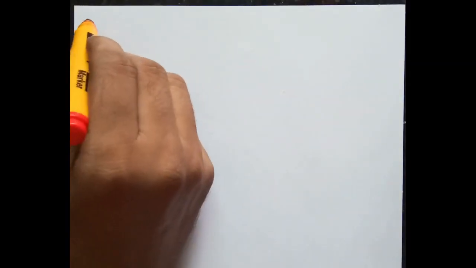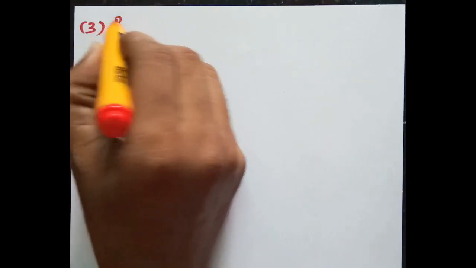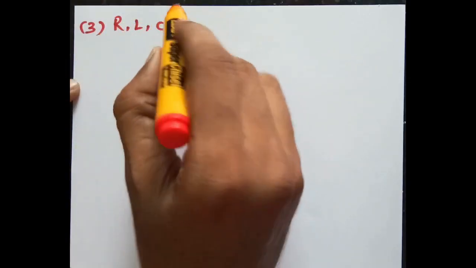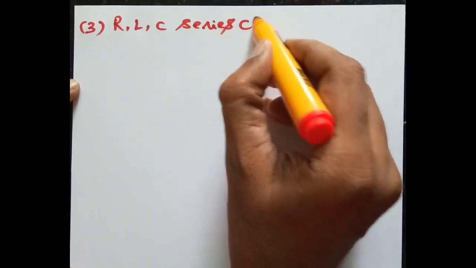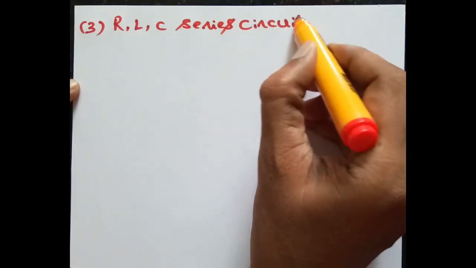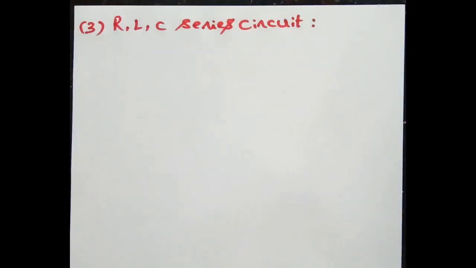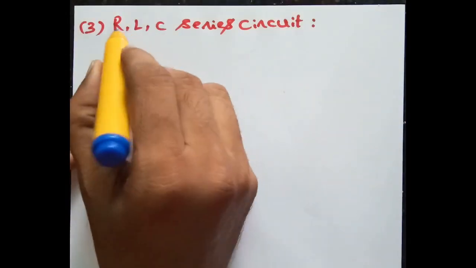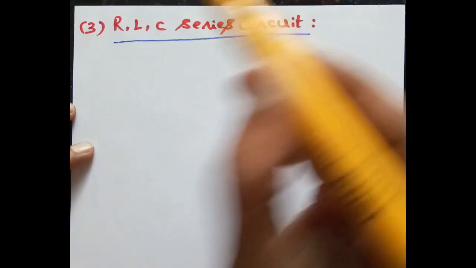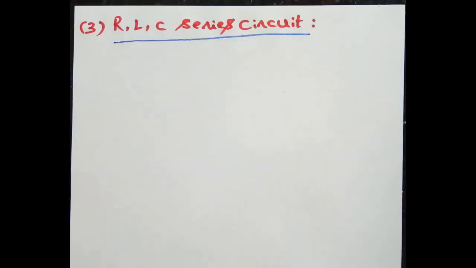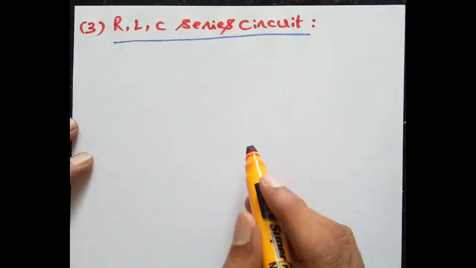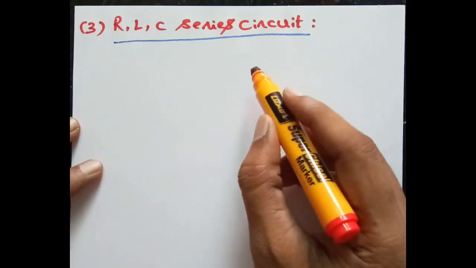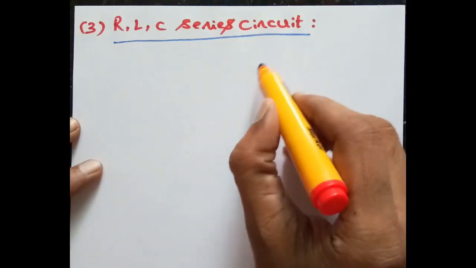Third one, LC series circuit. Now consider a circuit containing resistance R, inductance L and capacitance C, as shown in the diagram.